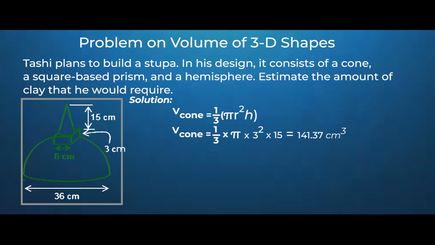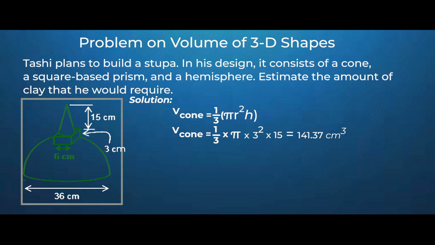The value of the radius is 3, since the diameter of the cone is 6. So radius is equal to half the diameter. That's why the value of r is 3. 3 squared times the height of the cone, which is 15. So the volume of the cone is 141.37 centimeter cube.